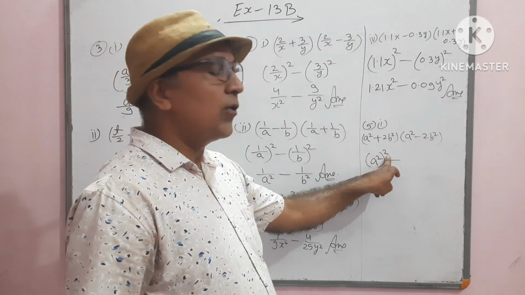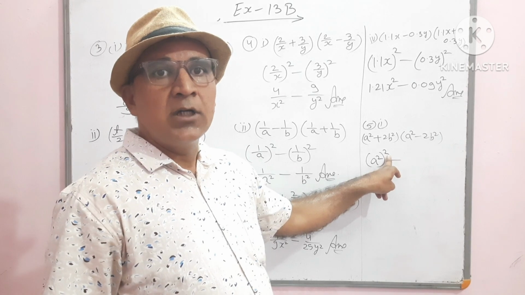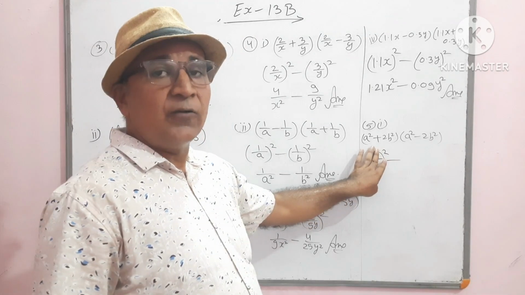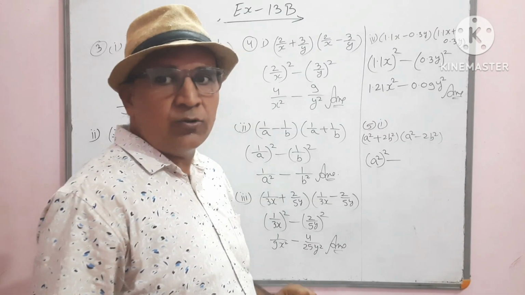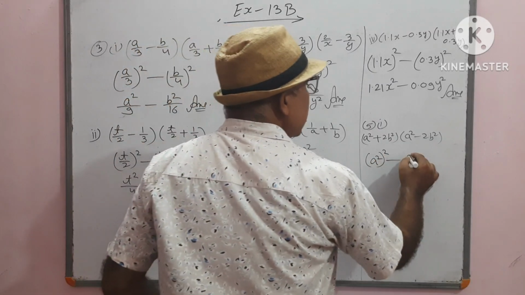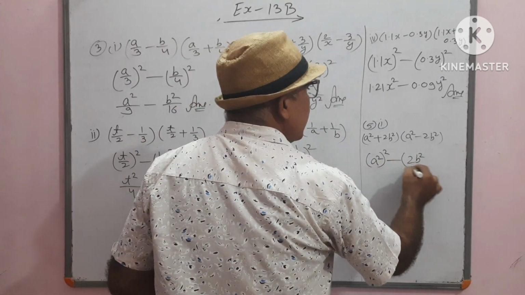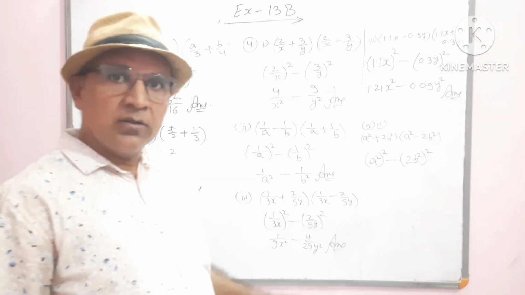Sometimes students forget to put this square, and if you do that, it will be wrong, because you have to write the square of the first term. The first term is a square here, so a square whole square you have to write, minus b. At the place of b there is 2b square, so you have to write its whole square. Understood?